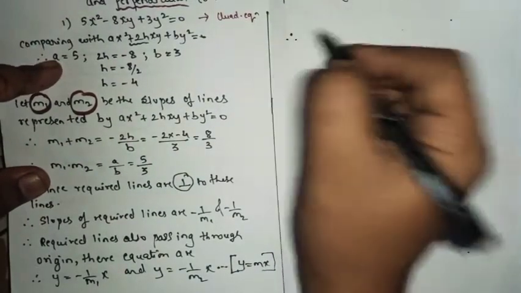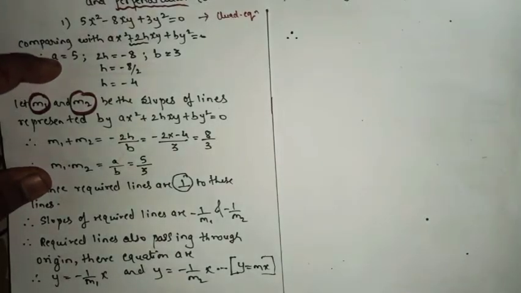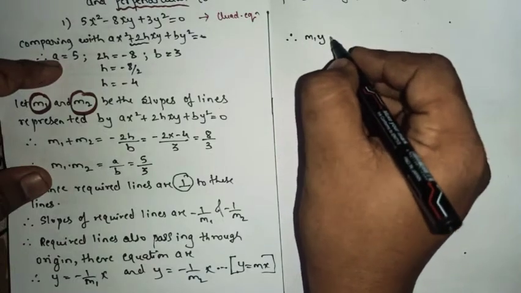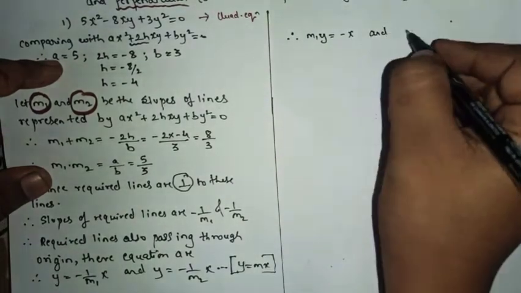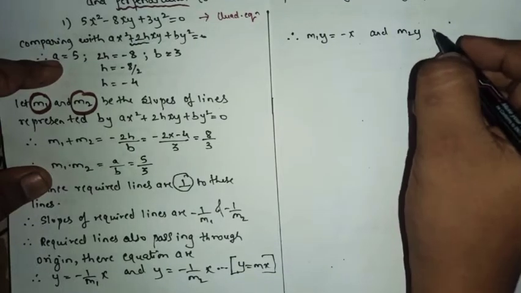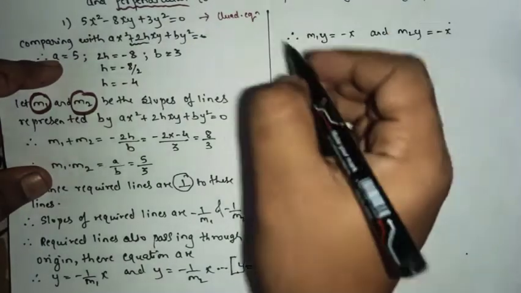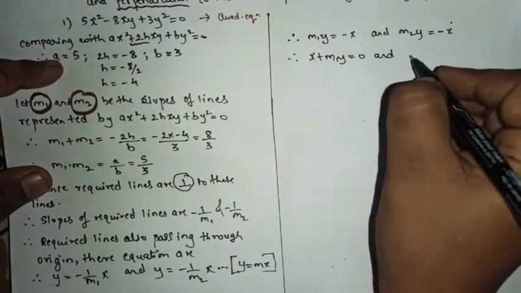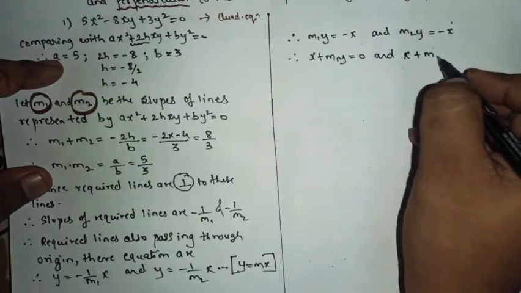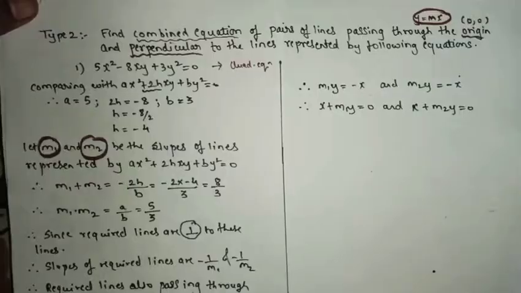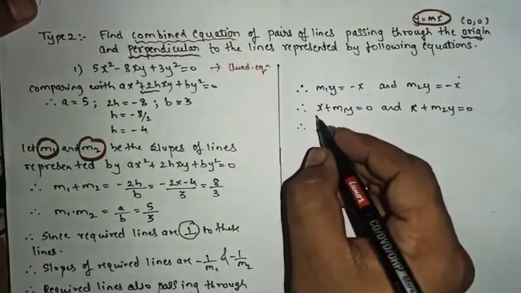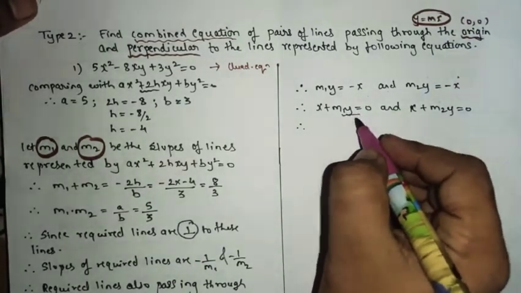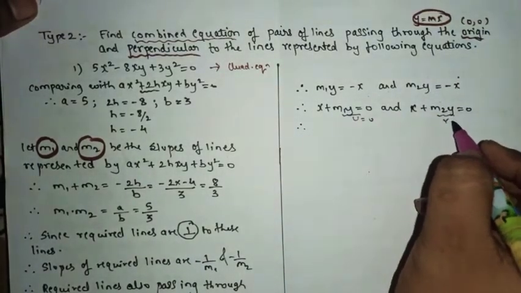So therefore the next step will be, here you will get m1y equal to minus x and m2y equal to minus x. So the next step will be x plus m1y equal to 0 and x plus m2y equal to 0. So now we'll assume this part as u equal to 0, and this part as v equal to 0.